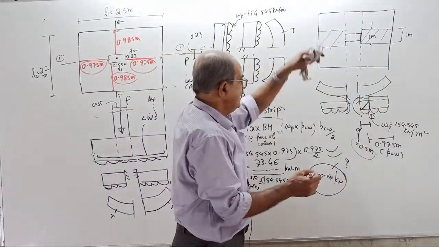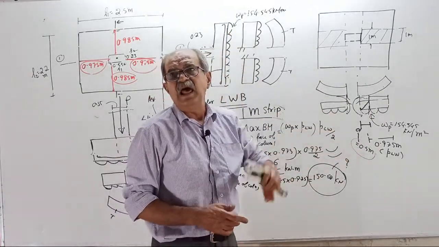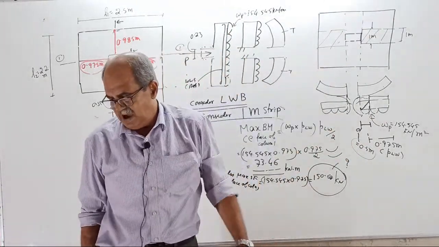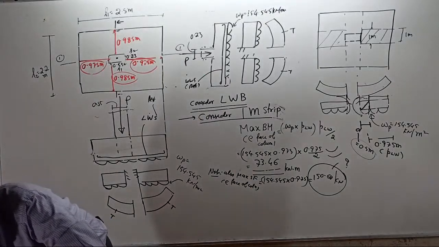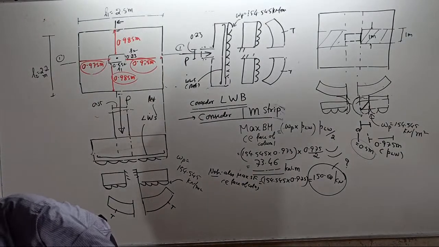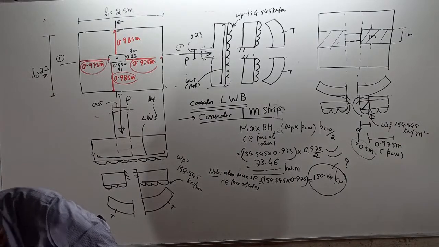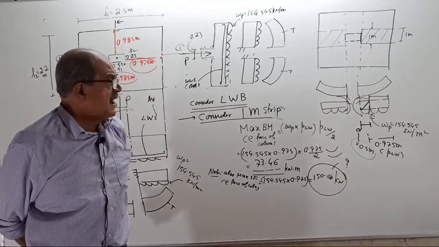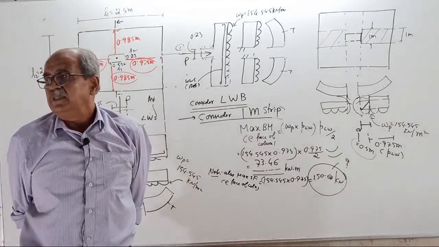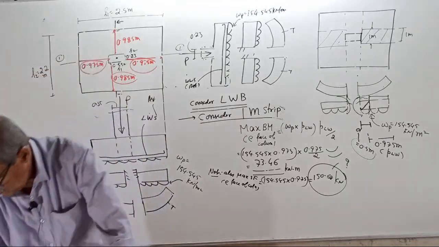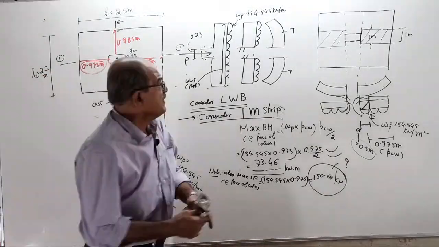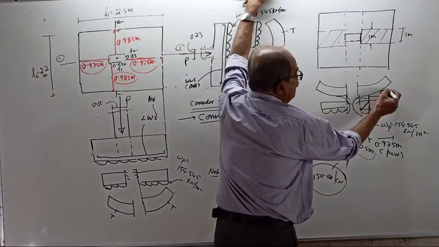If D is 0.5 meter, then that side length will be 0.475. Remember, round off.